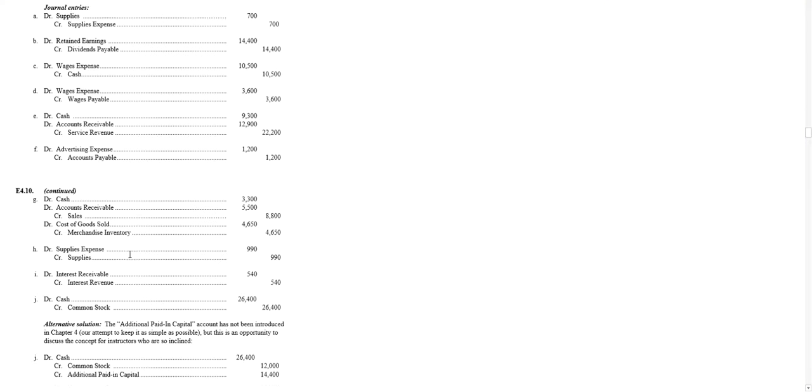If you'll notice in H, they have an independent transaction from transaction A. And in this case, we have been taking supplies and we've been putting them in supplies. So we have to make a journal entry, an adjusting entry for the supplies we have used up, if you will.